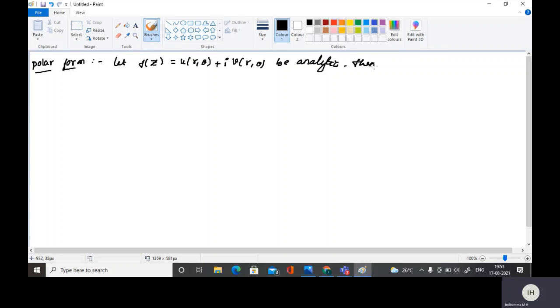Then u and v satisfy the Laplace equations in polar form.